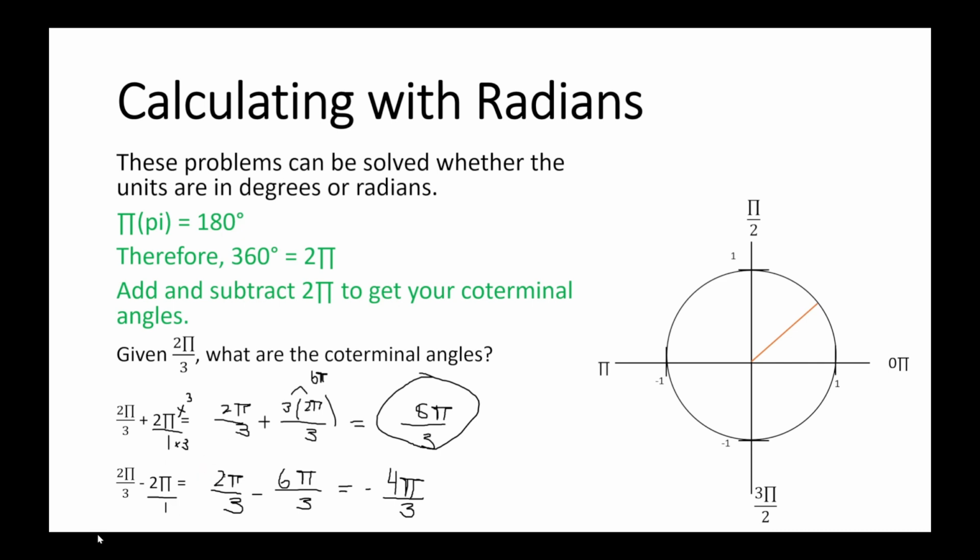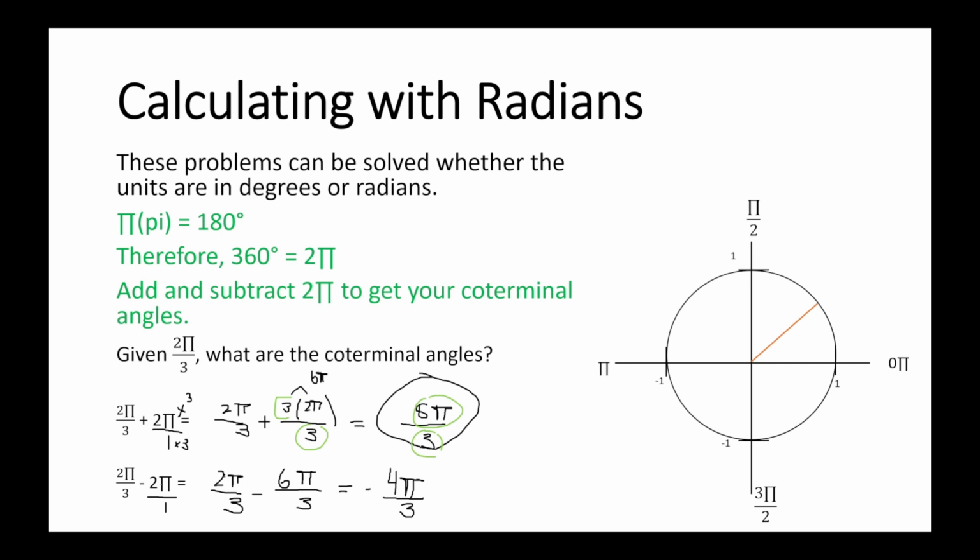My next line will end up being 3 times 2 pi over 3 times 1, right? Multiply top and bottom by 3. When I combine, I should get 6 pi over 3. When I add up 2 pi and 6 pi, I should get 8 pi, and I still have the 3 on the bottom. I don't add the denominators of fractions, I only add the numerators. That's the rule of adding fractions.